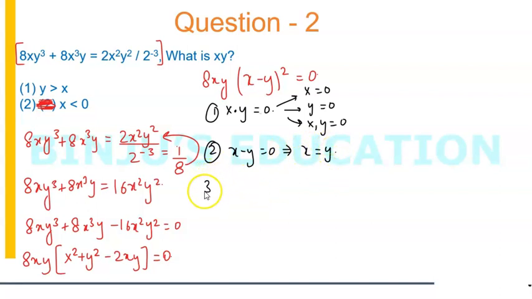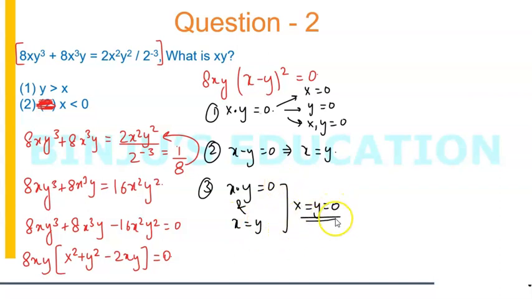Or the third conclusion that we can have is x into y is equal to 0 and x is equal to y. And in this case, the only possibility is x is equal to y, which is equal to 0. So these are basically the three conclusions that we have. Okay, so we have simplified this polynomial and we did whatever we could, and we have drawn up our conclusions regarding what all possibilities we can have.